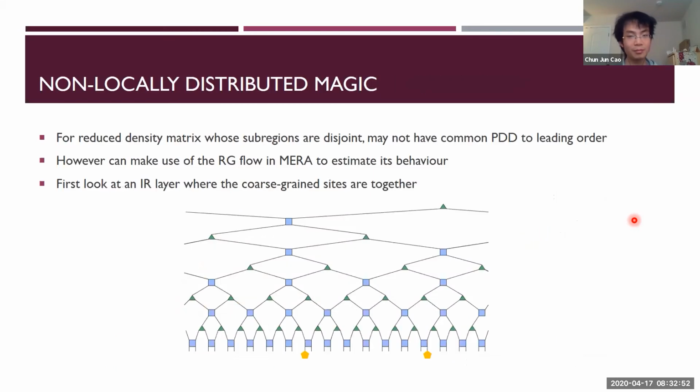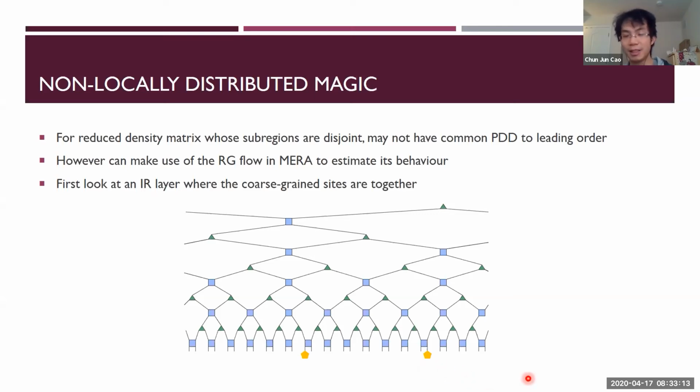Now, you can also use the same tool in MERA to understand non-locally distributed magic. So for example, suppose you have a 2-site reduced density matrix, where the sites are labeled by the yellow pentagons over here.